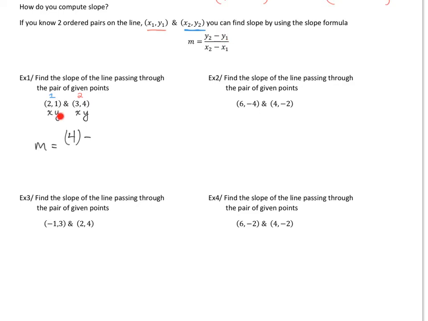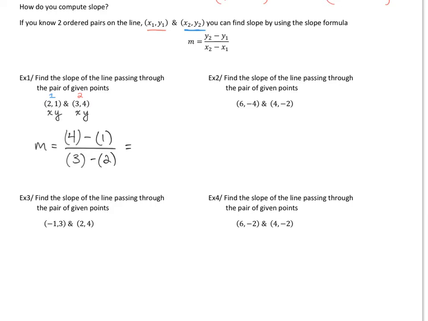Y1 is 1, so 4 minus 1 in the numerator, all over x2, which is 3, minus x1, which is 2.